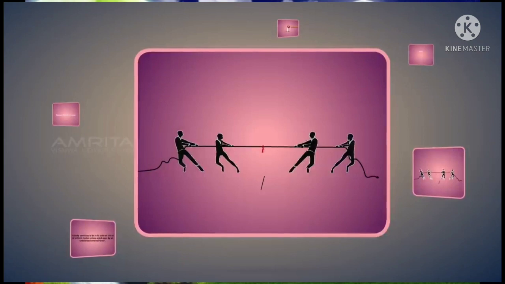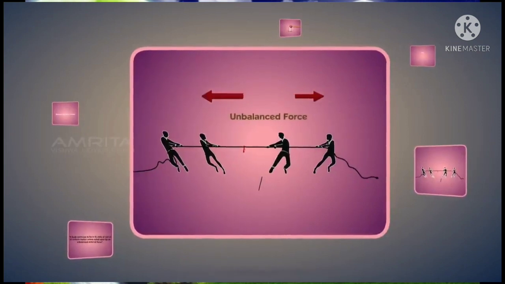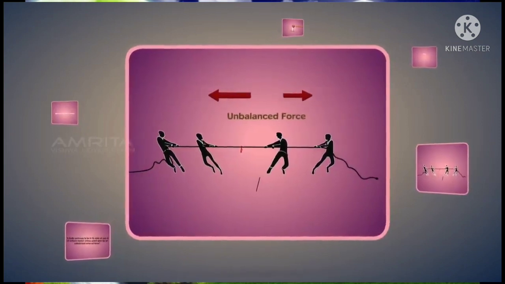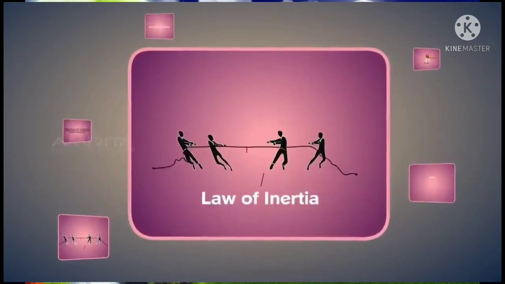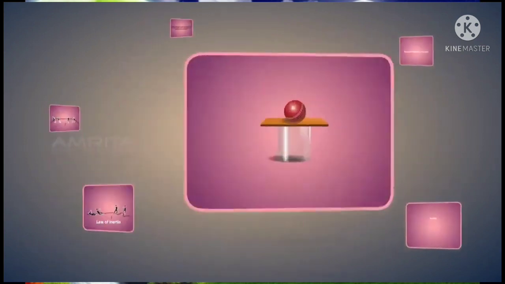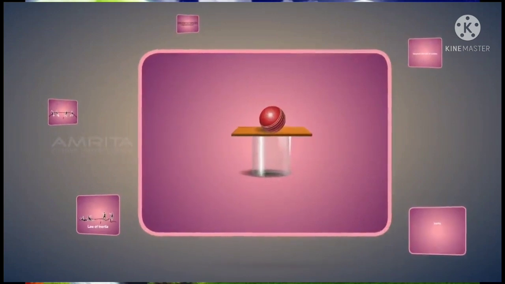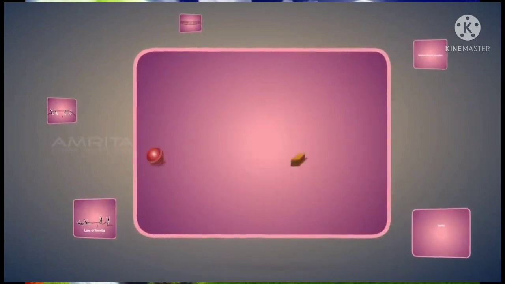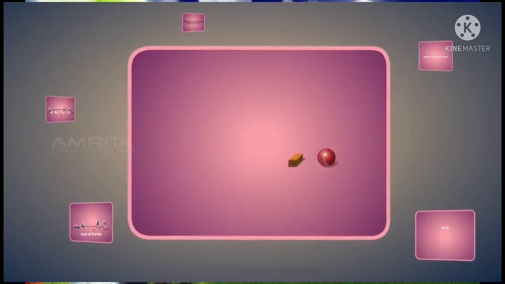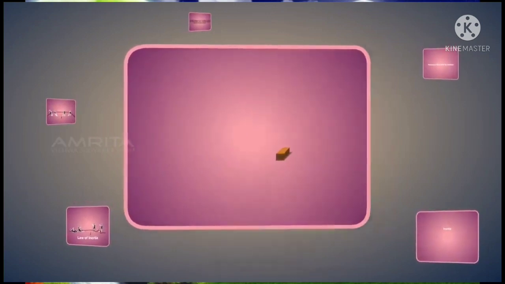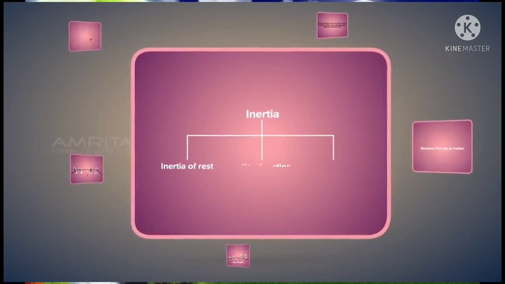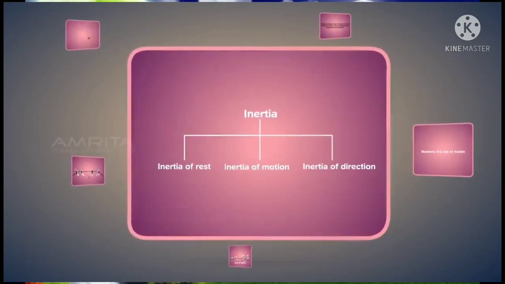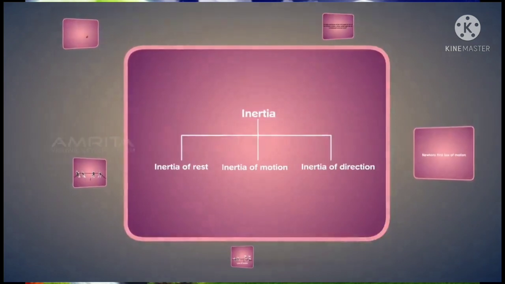Two unequal, oppositely exerted forces are called unbalanced forces. Newton's first law is also known as the law of inertia. The tendency of an object to continue its state of rest or of uniform motion in a straight line is called inertia. The three types of inertia are inertia of rest, inertia of motion, and inertia of direction.